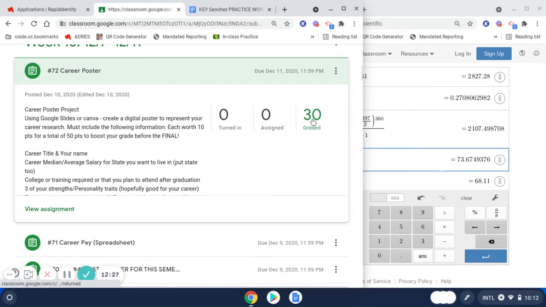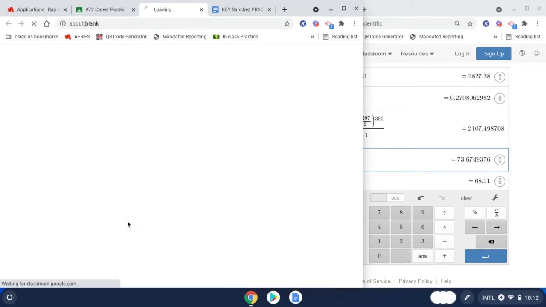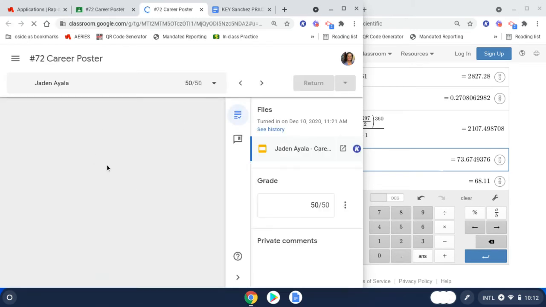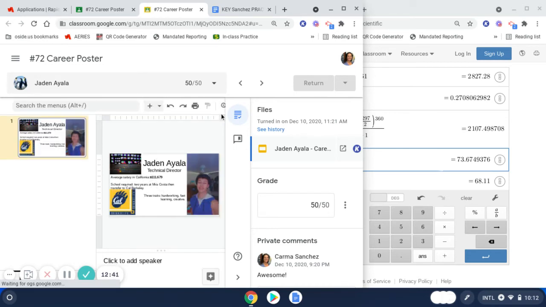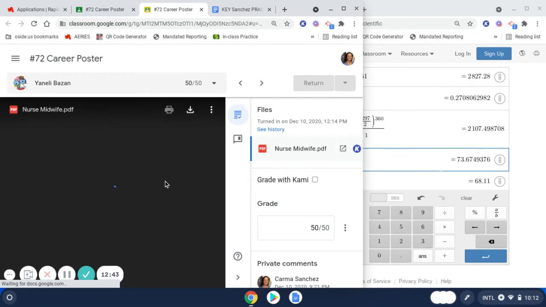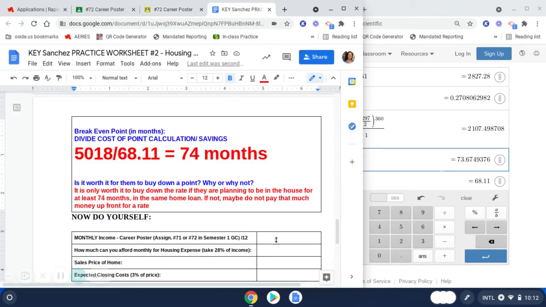And so when I go here into these, this tells you how much you're going to earn. So like if I'm Jaden, Jaden is going to use the number he used on this poster as his income. So for example, Jaden would be using $111,679. If you're Yaneli, Yaneli is going to use her nurse midwife income of $125,946. So I'm going to use Yaneli's $125,946 number in my example.